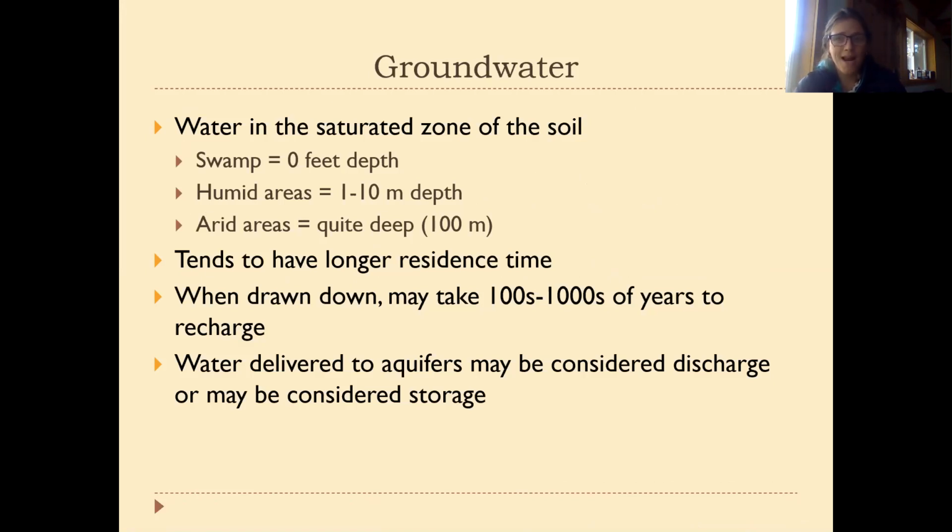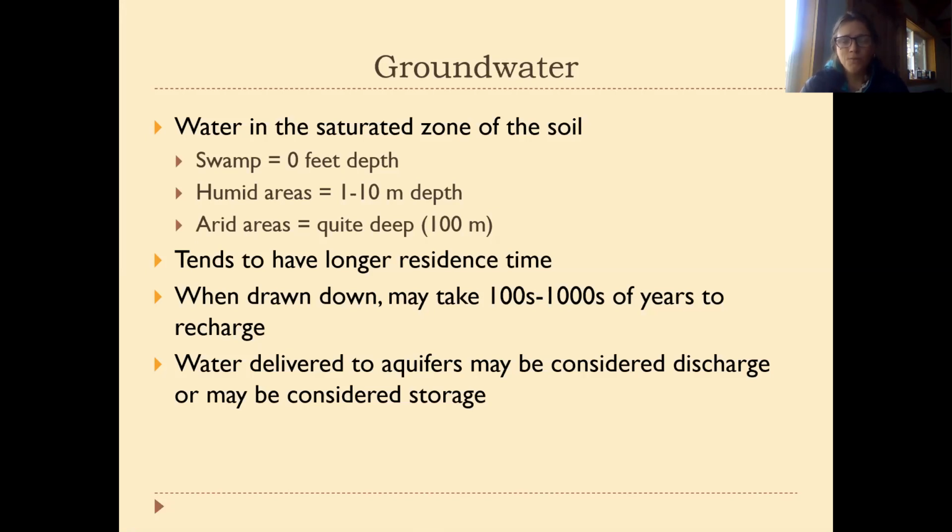So the water table might actually be changing in the same place from season to season. But it also just depends a lot on the soil, a lot on the climate, a lot on the vegetation. So we might have some areas where the water table is up near the surface all year long, some sort of swampy area where there's almost always standing water near the surface, has a water table of 0 feet. The water is all the way at the surface.